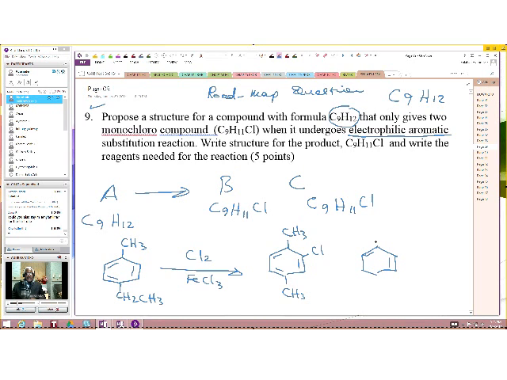So this is a case of actually using some critical thinking skills. Okay, do you see any other possibility here? Does anybody see any other possibility?